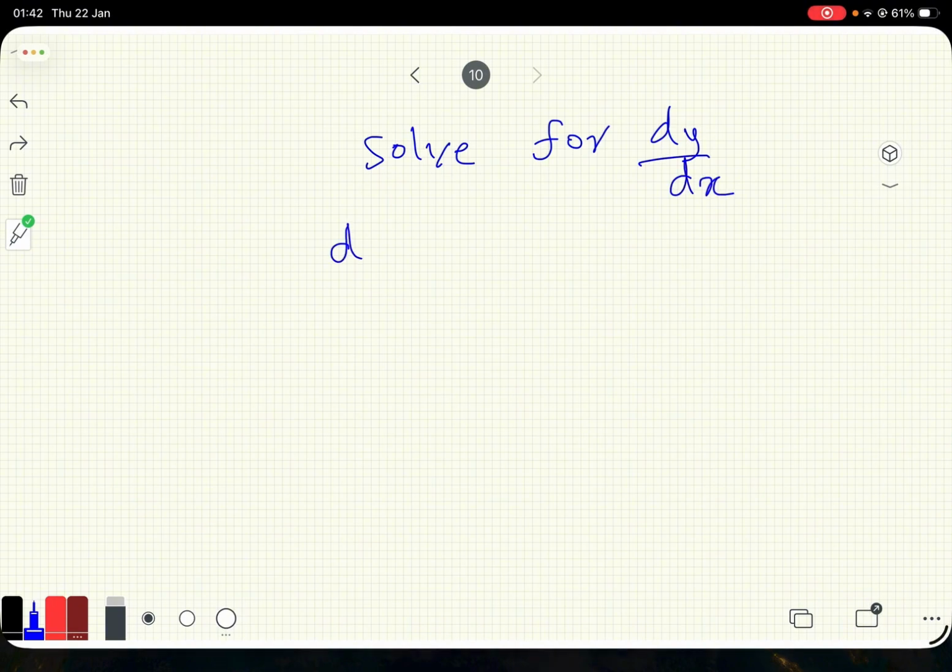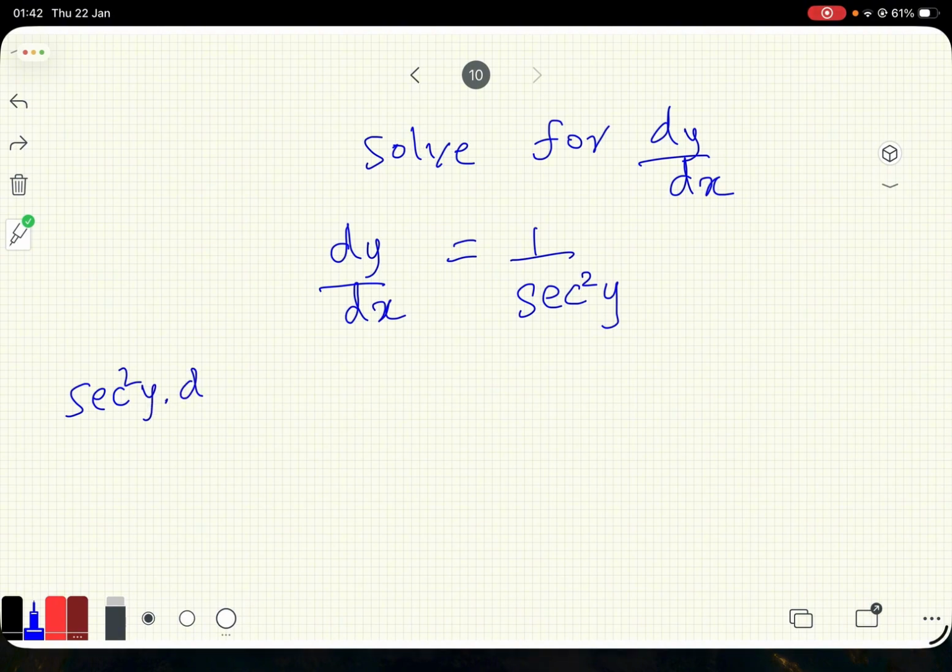Now, from the previous deduction, dy over dx is equal to 1 over sec squared y, because we wrote sec squared y into dy over dx is equal to 1.